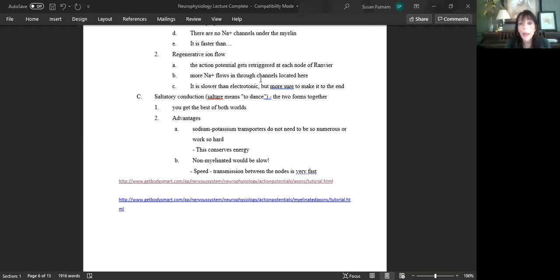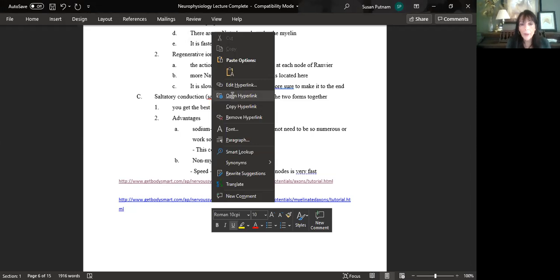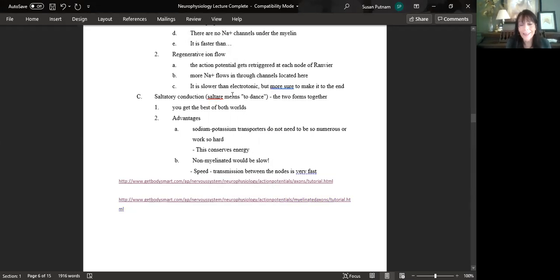So hopefully that is a little bit useful. Again, here is unmyelinated. You see we don't have these myelin sheaths. So there's another link there for you. I just want to make sure I open this so you see I'm not just filling this with stuff that isn't too meaningful.